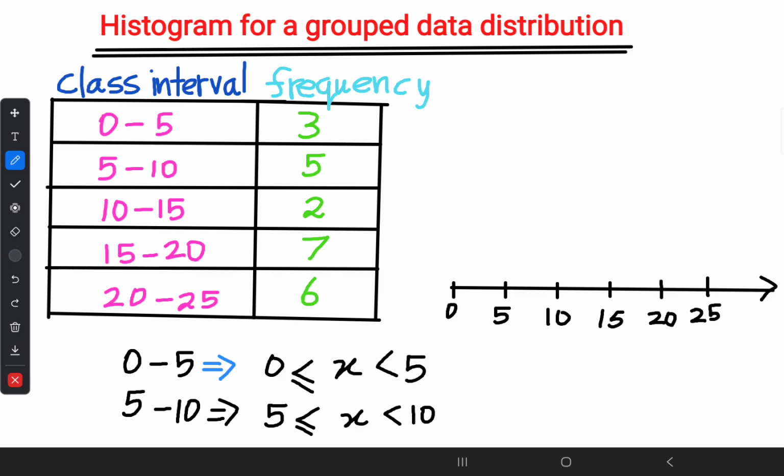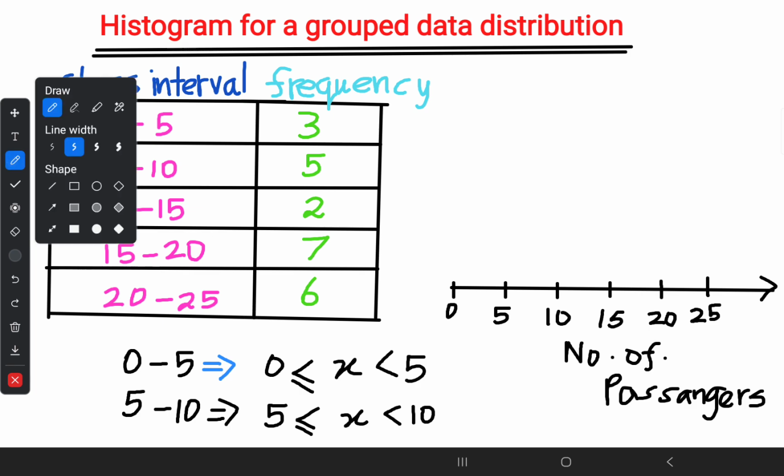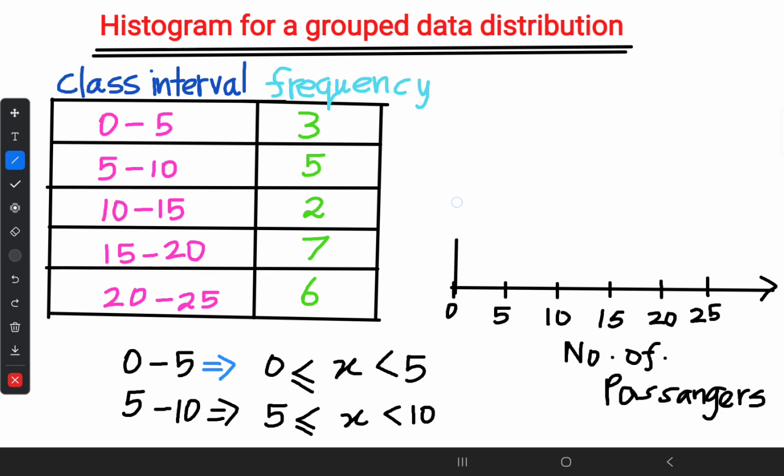Here I'll write number of passengers. On the vertical axis, you have to note the frequency, that means the number of passengers who belong to that particular interval.